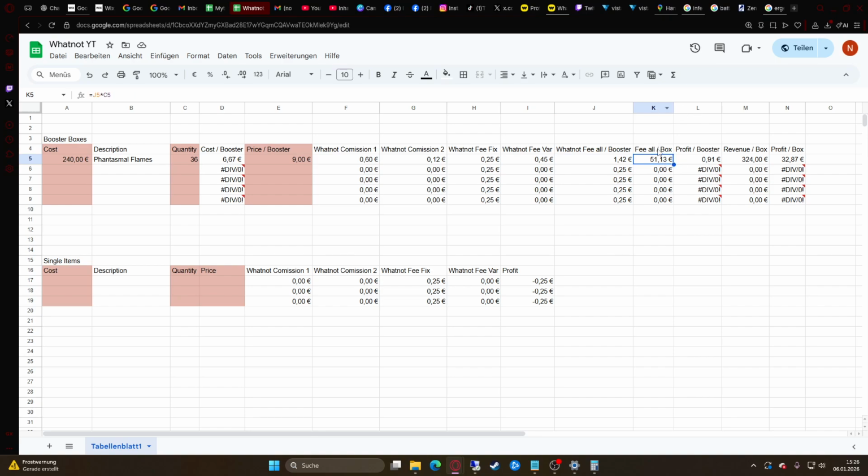You don't need all the stuff here, it's just nice to have if you want it, right? So this one is the most valuable here. You make 91 cents profit per booster if you sell it at 9 bucks a piece, as a profit per box if you sell out.